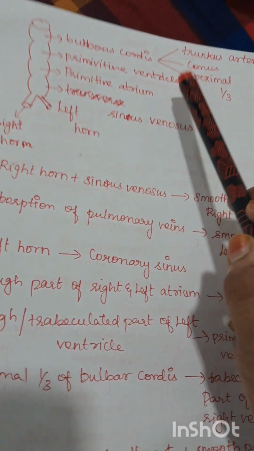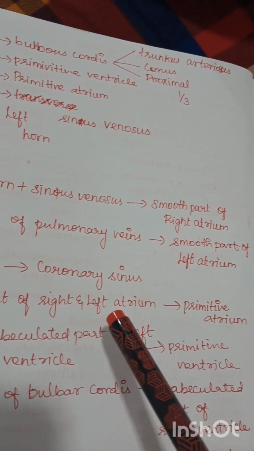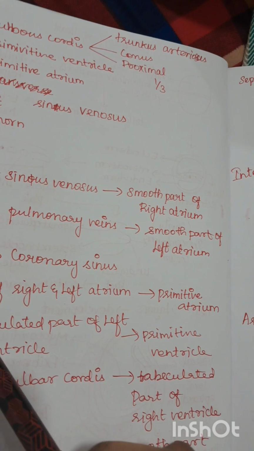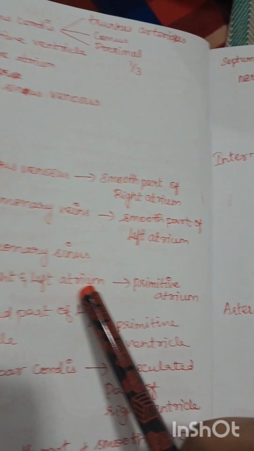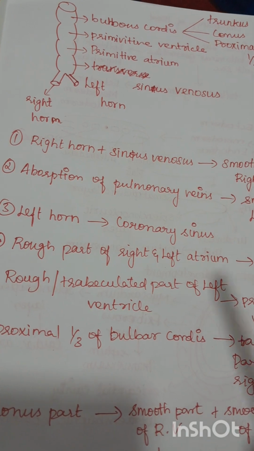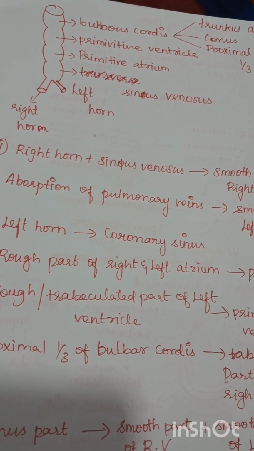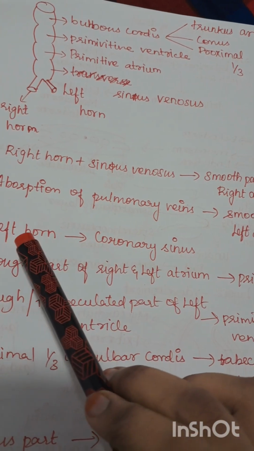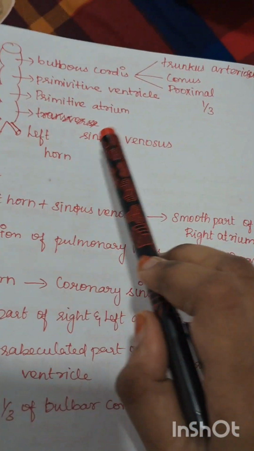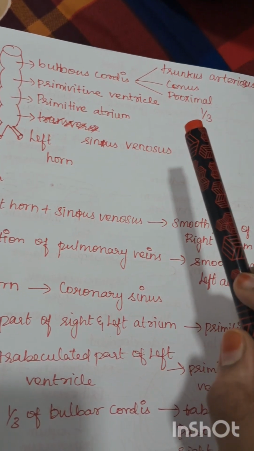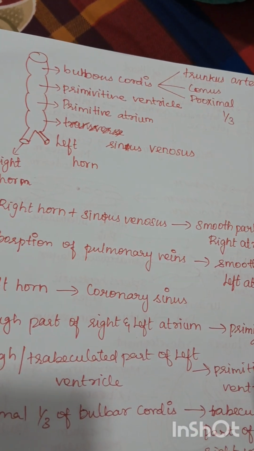The primitive atrium is involved in the formation of the rough part of the right and left atrium, whereas the coronary sinus is formed from the left horn of the sinus venosus. So these are the formations of the right and left atrium.